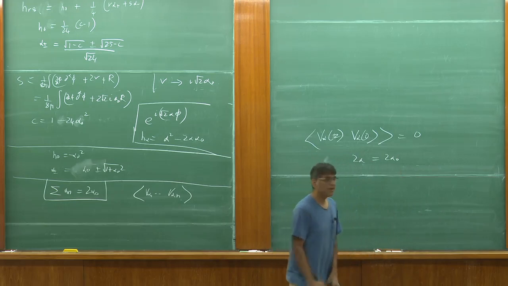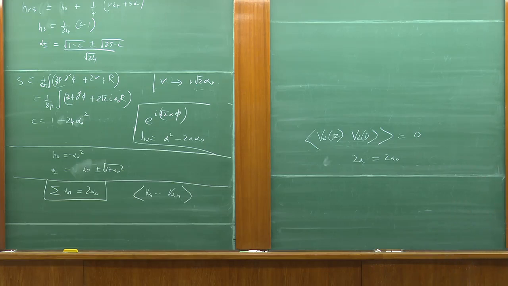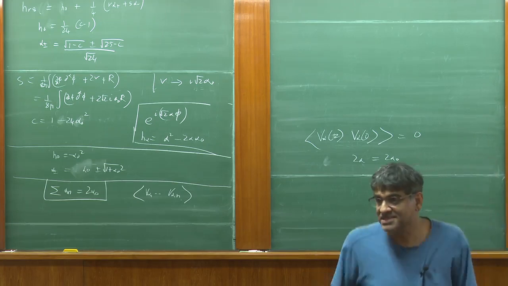Okay, so it would appear that the only operator in this theory that has a non-zero 2-point function, hence can be identified with a reasonable operator in our minimal model, is the V alpha with alpha naught itself. Okay, this is how it might appear.